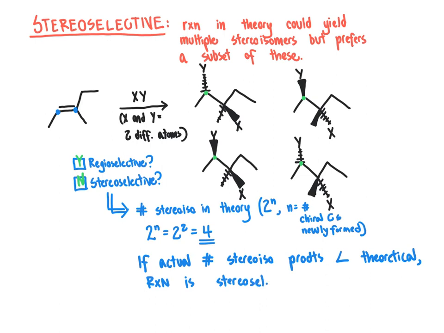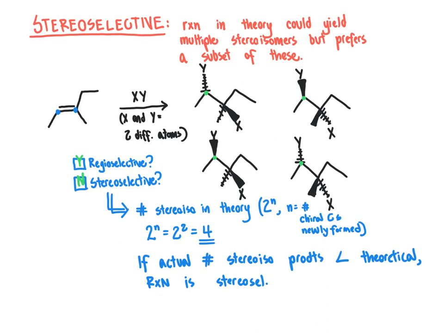On the other hand, if the actual number of stereoisomer products is equal to the theoretical number that could form, then the reaction is not stereoselective. So that's why we say the reaction that we've shown here is not stereoselective, because the number of theoretical stereoisomers equals the number that is actually observed.